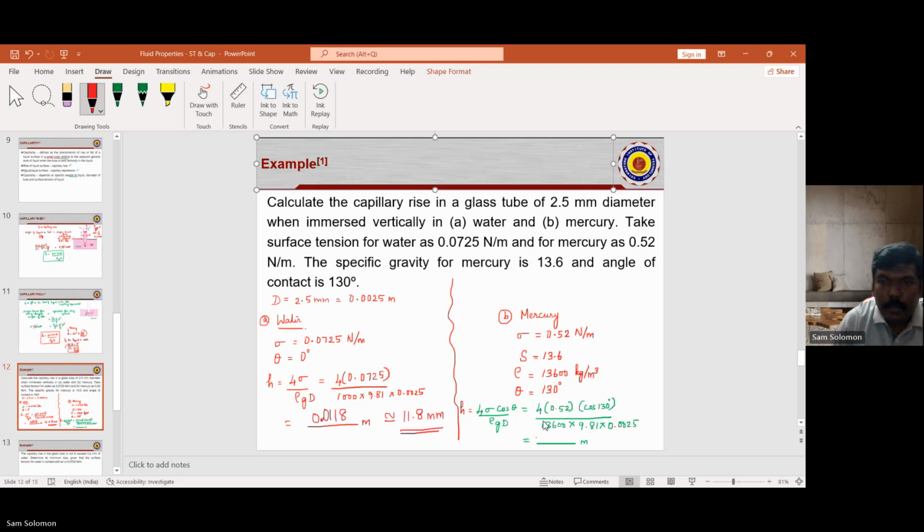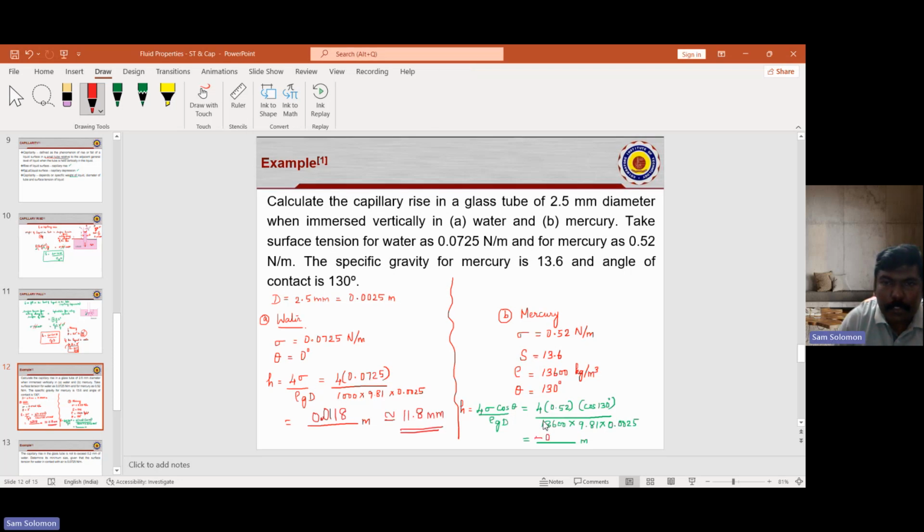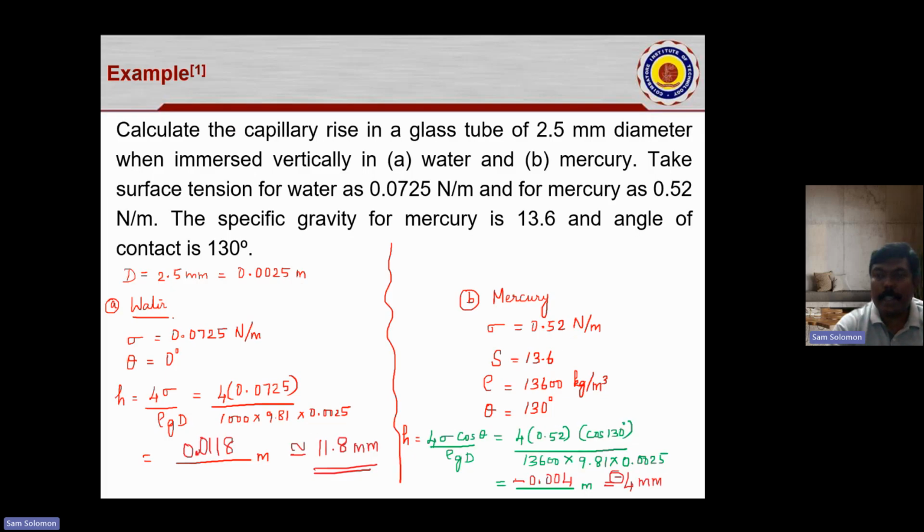So that is minus 0.004 meters. So that is 4 mm. And the minus sign indicates that it is a fall. There is a drop in the level of the fluid. So that is what we get as a result in case of water as well as in case of mercury.